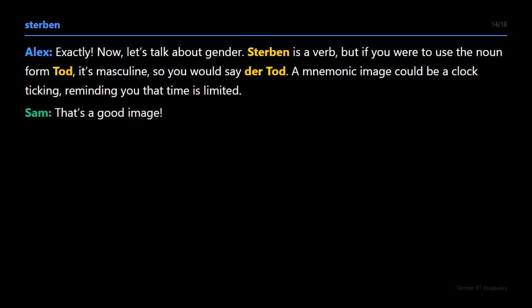Exactly. Now, let's talk about gender. Sterben is a verb, but if you were to use the noun form, Tod, it's masculine, so you would say der Tod. A mnemonic image could be a clock ticking, reminding you that time is limited. That's a good image.